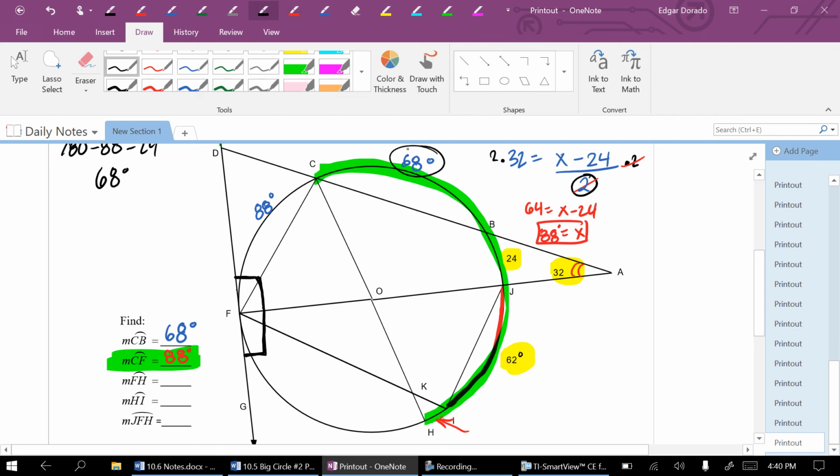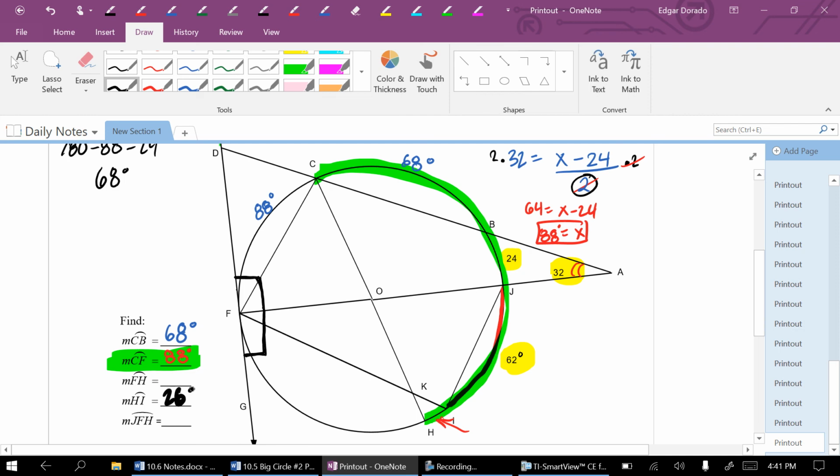I can subtract 68, 24, and 62 from 180 to find out how much that actually measures. Let's go ahead and do that. That's going to be 68, 24, and 62. That is going to give me a measure of, let's see, 26, I believe, 26.